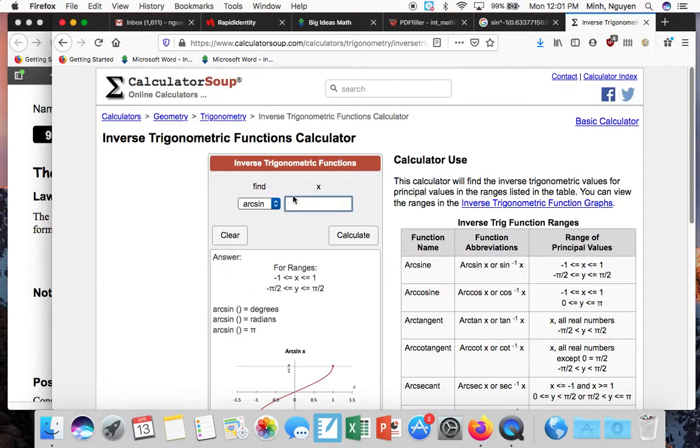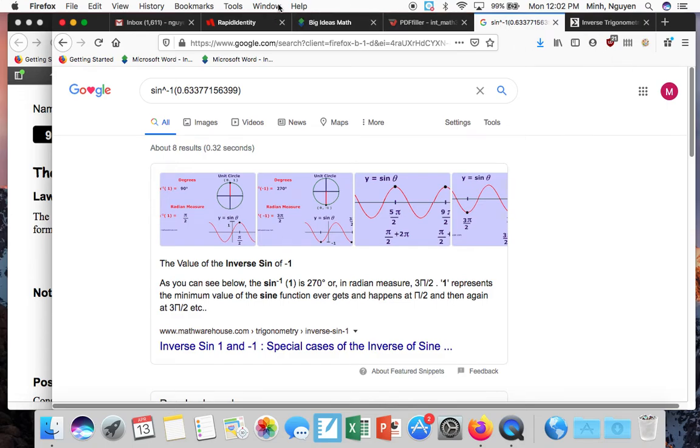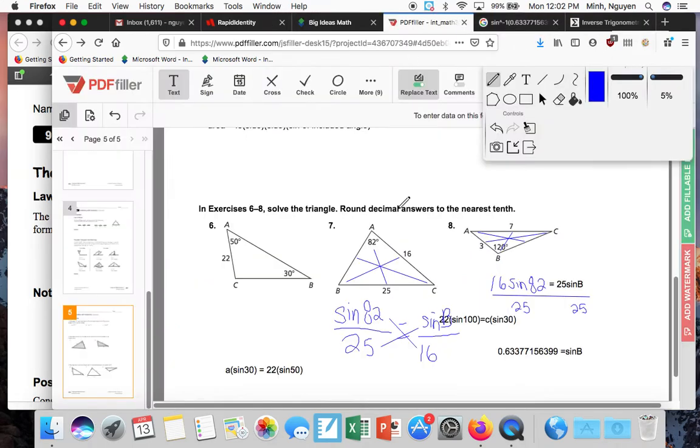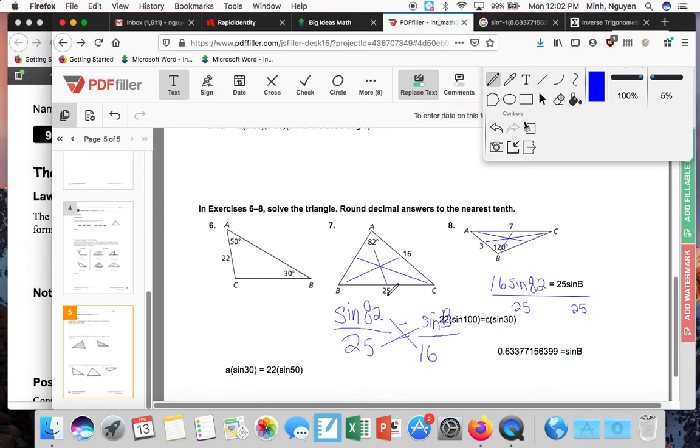I want to plug in this value. Cool, which is 39.328 degrees. It says round decimal answers to the nearest tenth, so 39.3 is this angle. Angle B is 39.3.